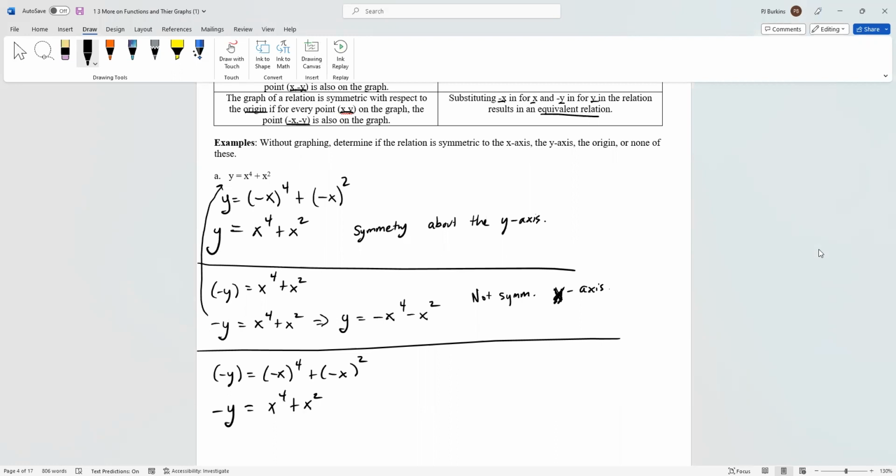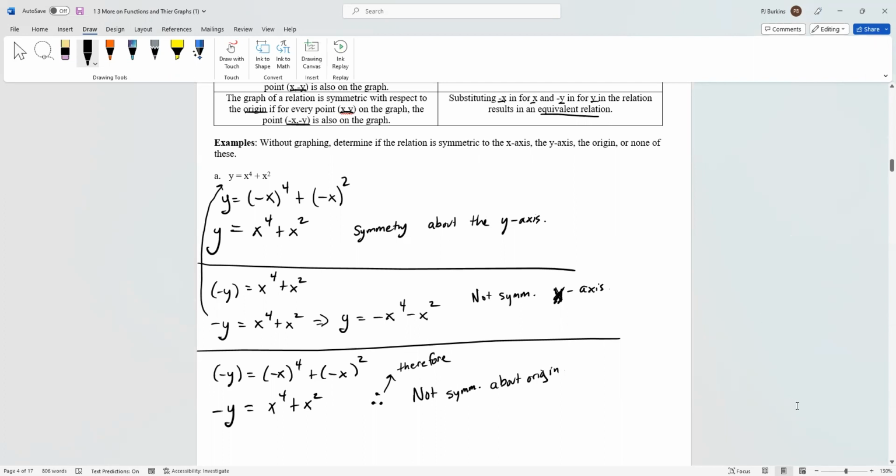This is not the same as the original relation. Therefore, and by the way, this symbol here, the three dots in a triangle, means therefore, just so you guys know. I'll use that quite often, and that's something you'll see a lot in math. Therefore, not symmetric about the origin.